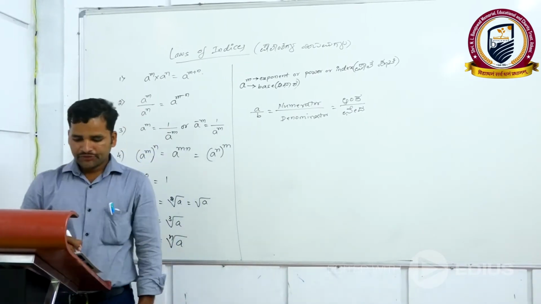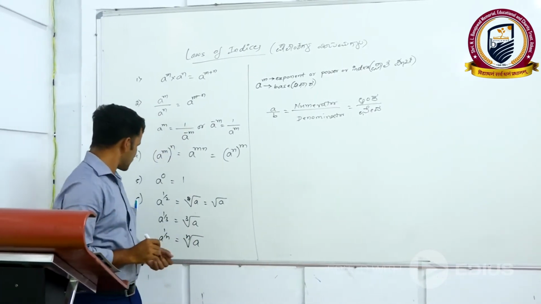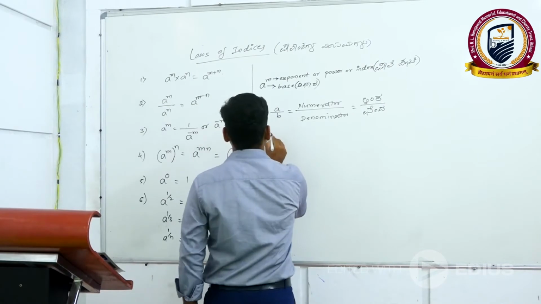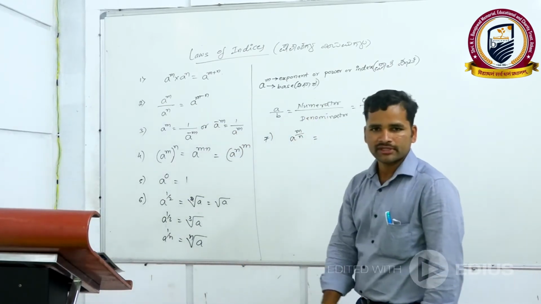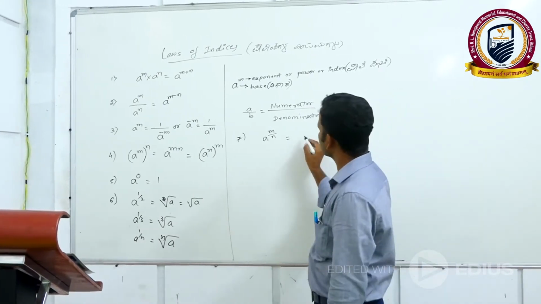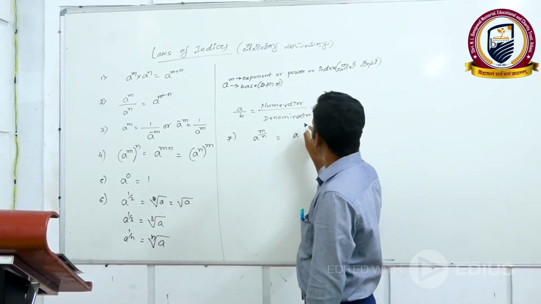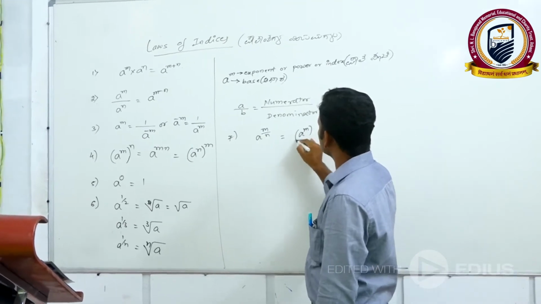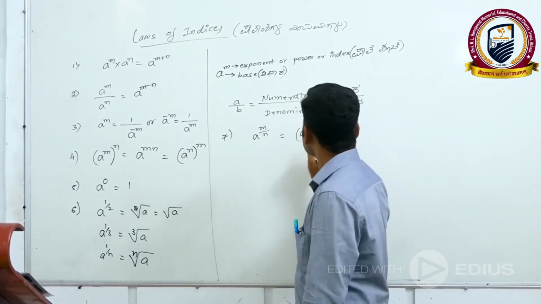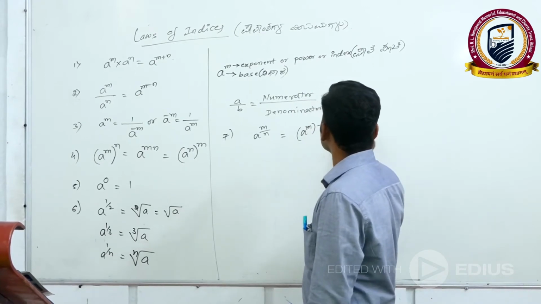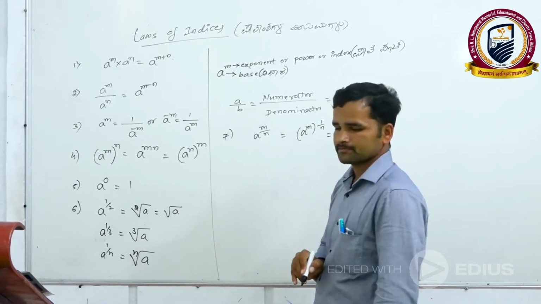These are all the laws. With this, let me write one more, that is the 7th one: a to the power of m by n. What will we do with it? A to the power of m by n can be taken as a to the power of m whole to the power of 1 by n, using this law. This is nothing but the nth root of a raised to m.